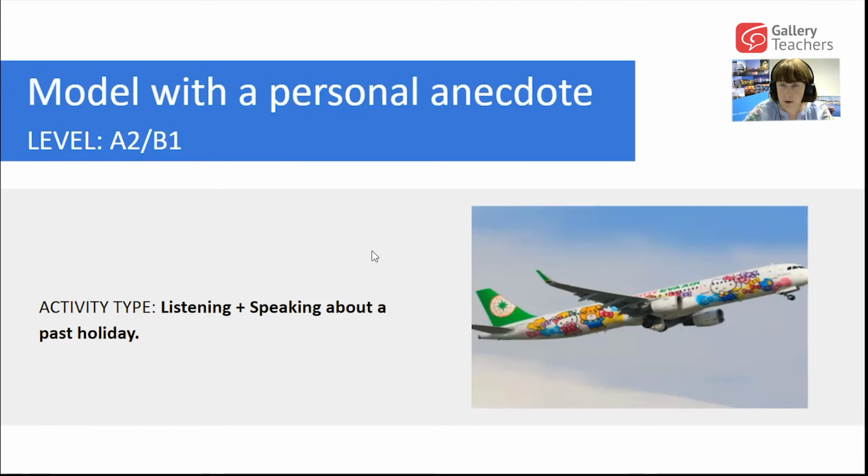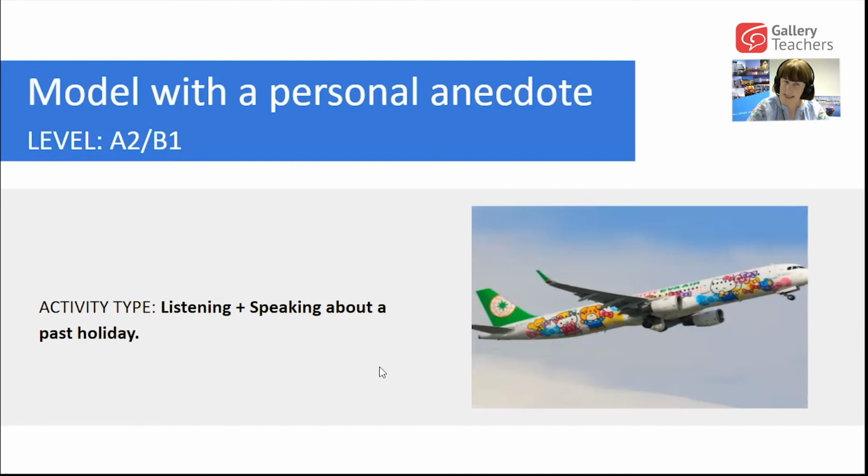And I told them a story about when I lived in Japan, and I had to take a flight for my holidays to the south of Japan. And when I discovered that the plane that I was flying on was a Hello Kitty plane, which is a popular character in Japan, and how nervous I became about flying on this plane because it didn't quite look like a real plane for me.